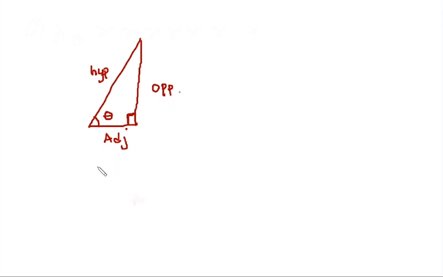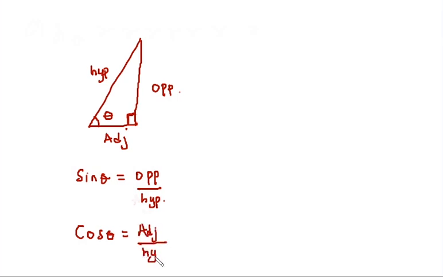The first one is sine. We say sine theta is equal to opposite over hypotenuse. The next one is cos theta. We say cos theta is equal to adjacent over hypotenuse.